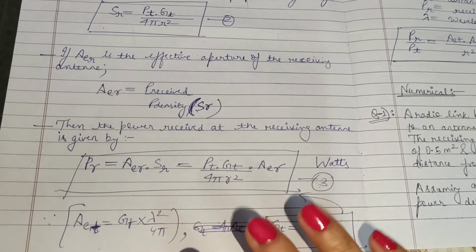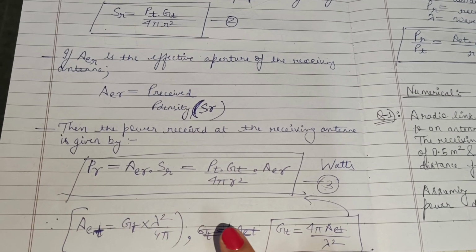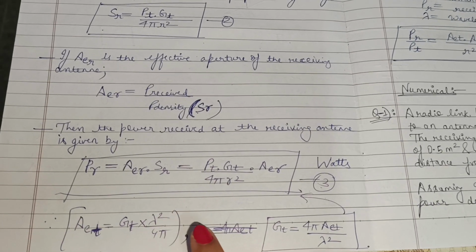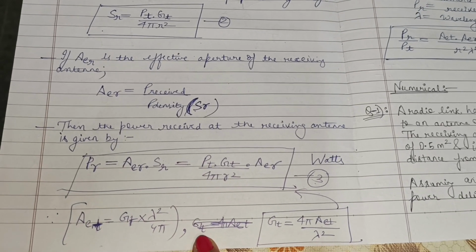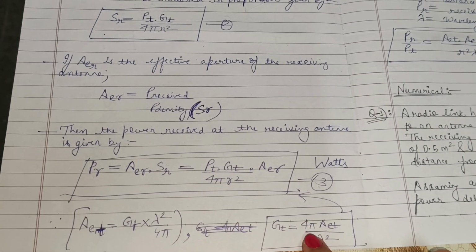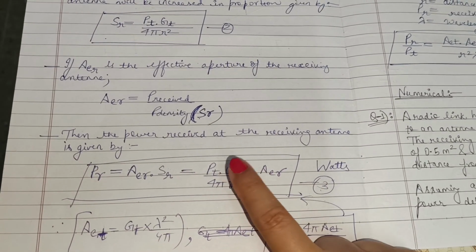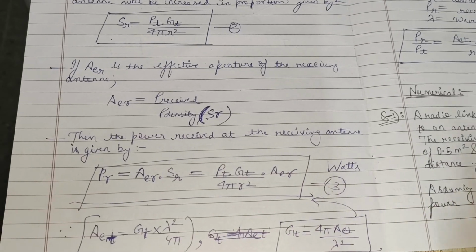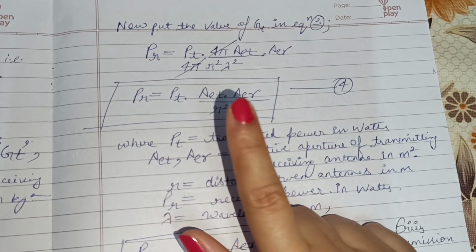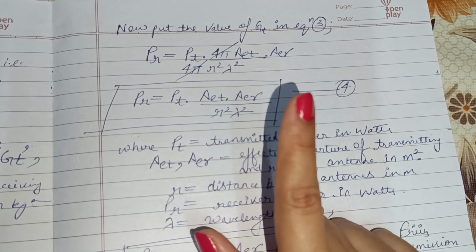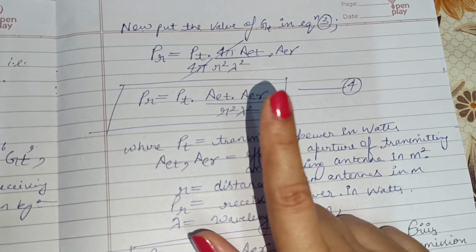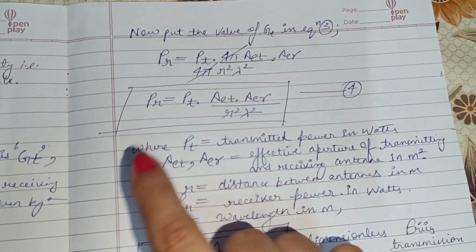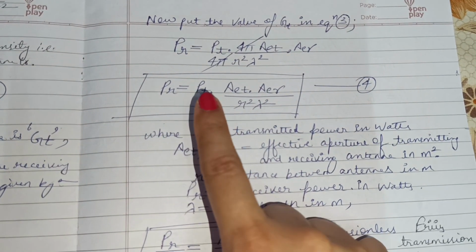We all know the formula for effective aperture: AET is GT lambda square by 4 pi, and AER is GR lambda square by 4 pi. So we can put the value of GT from here, and now our equation becomes PR is equal to PT into 4 pi AET AER upon 4 pi r square lambda square. 4 pi will be cancelled out, and we get the received power in terms of transmitting power.